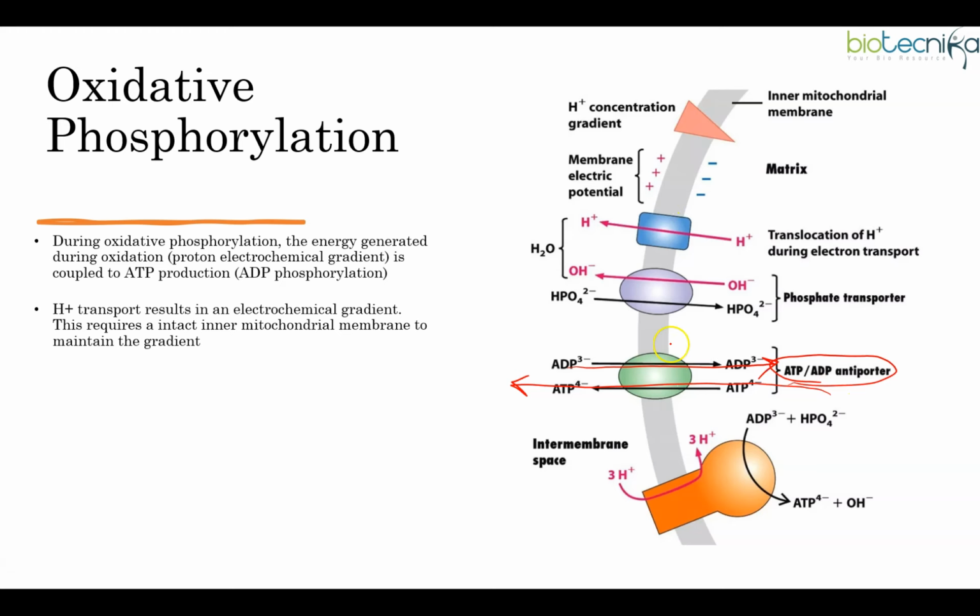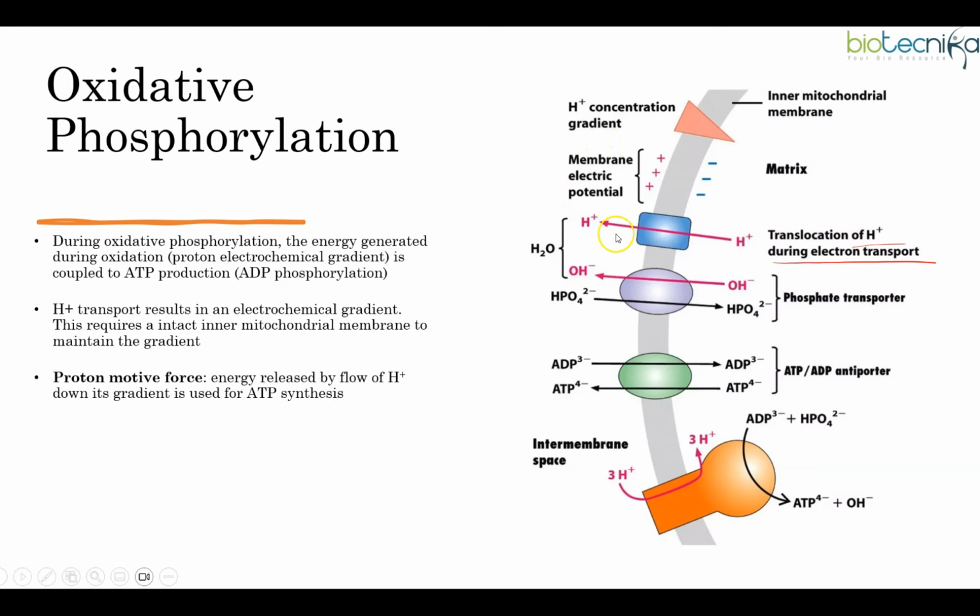As I said, the inner mitochondrial membrane is impermeable, so most of the things need to be sent through transporters. Even the phosphate transporter sends Pi inside and OH ions in turn will be sent out, and in fact H+ ions will also be sent out for the same thing. Translocation of H+ ions during electron transport was happening. Now this proton needs to come back.